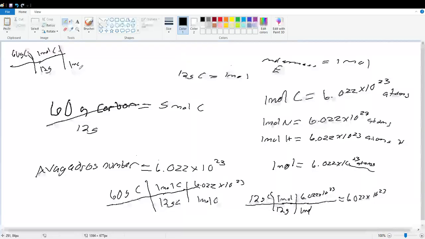And in 1 mole of carbon, we have 5 in this case, because remember 60 divided by 12 gives you 5 moles of carbon. So we write that there. And on 1 mole of carbon, we have 6.022 times 10 to the 23rd. So if we calculate all that, how many atoms would we have in 60 grams of carbon?